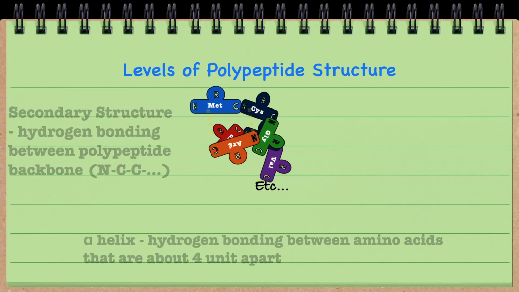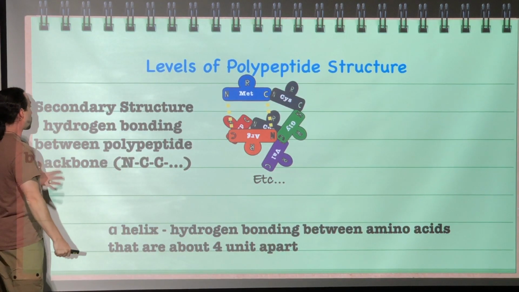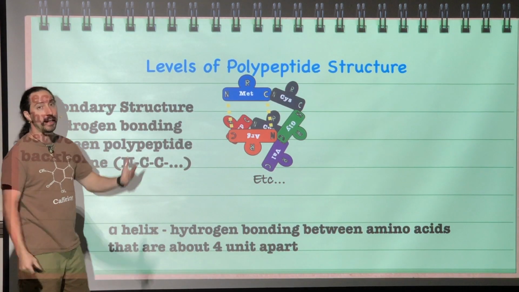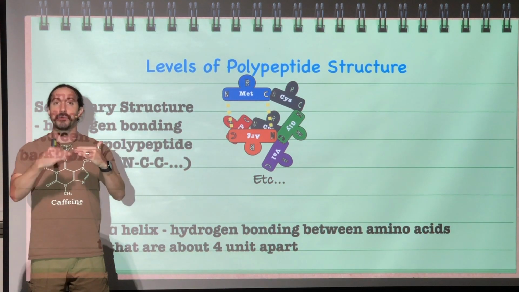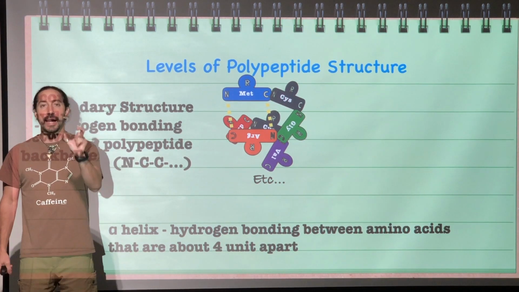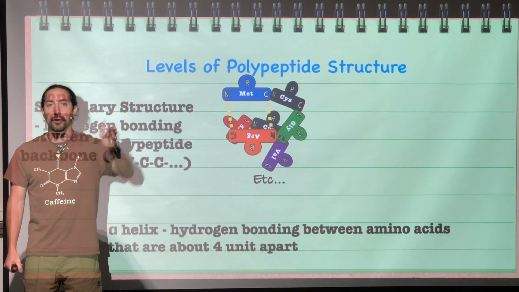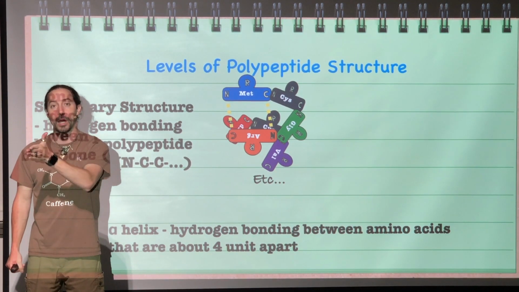Next, secondary structures have multiple ways in which they can be expressed. Secondary structure is due to hydrogen bonding within the polypeptide chain, but using the backbone. That's the nitrogen, carbon, carbon backbone from our amine group, our central carbon, and then our carboxyl group.